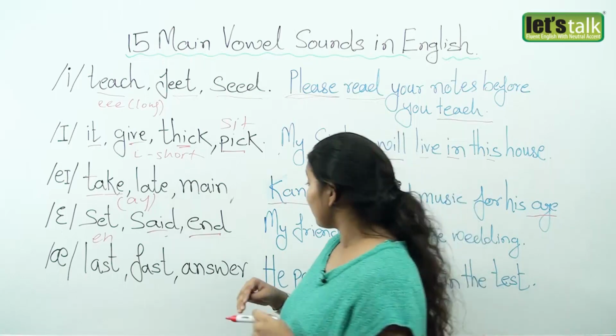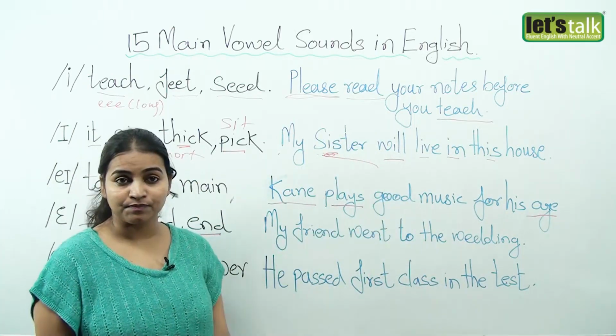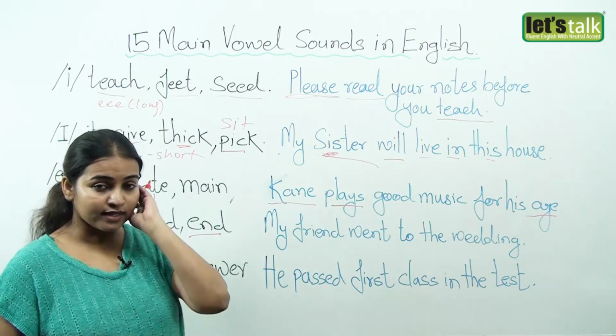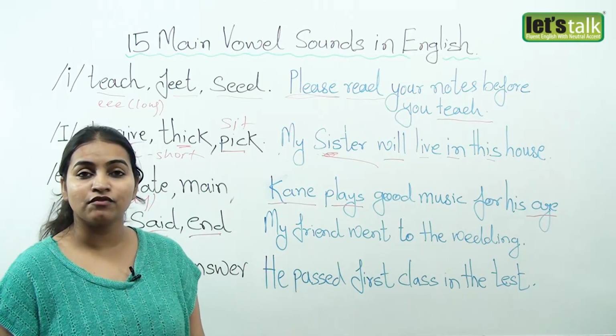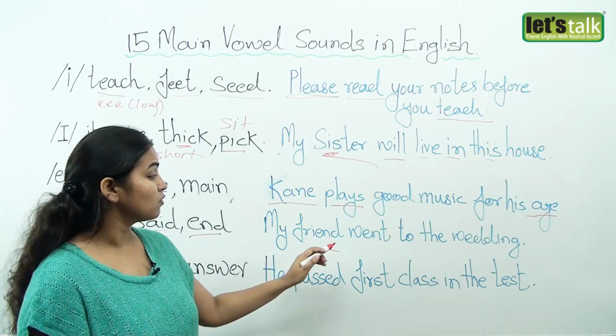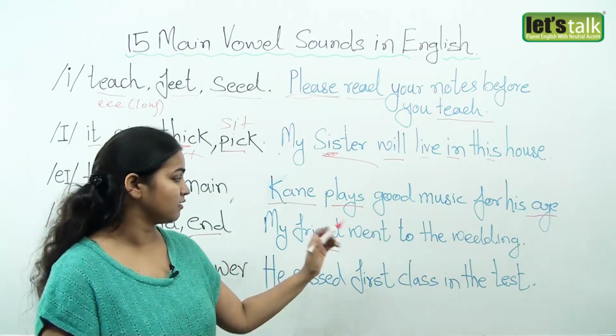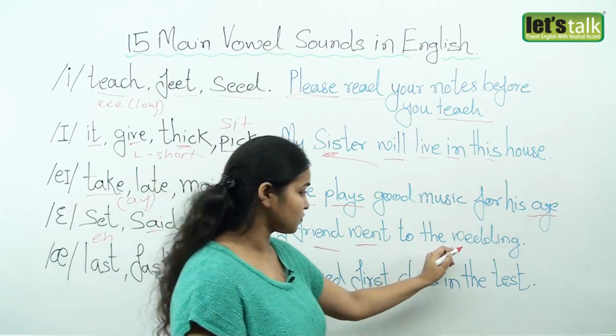For example, you have my friend went to the wedding. Let's look for the eh sound, okay? My friend, did I say friend? End, went, to the wedding, that's right.